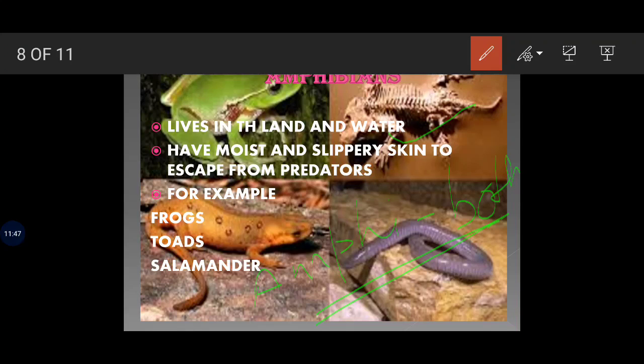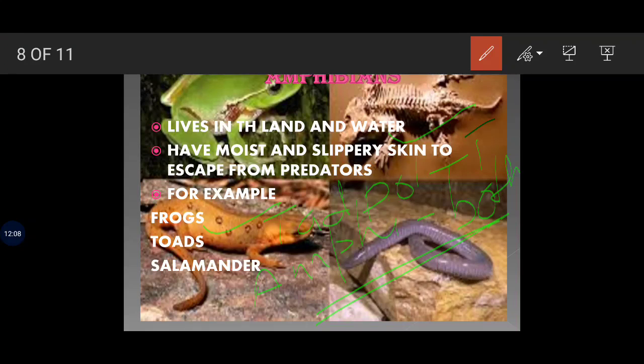And gills help them to take the dissolved respiratory gases from the water. But slowly when these amphibians get mature, like frogs from tadpoles, when they turn into the frog, the tadpole is the baby condition when the frog is not mature.